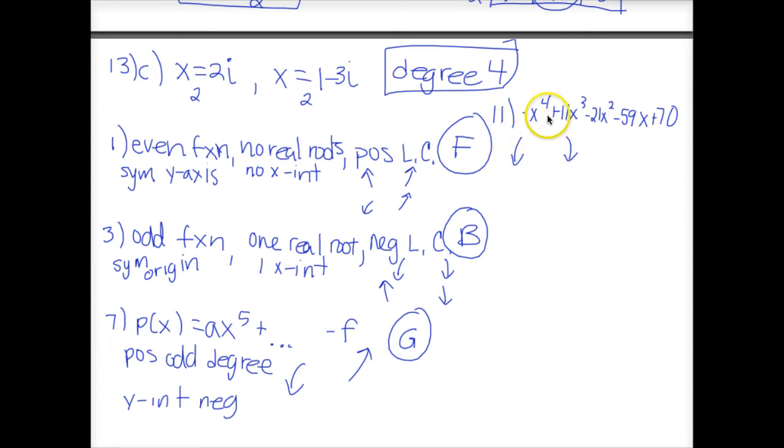It also tells me I have a maximum of 4 x-intercepts. It also tells me that I have a maximum of 3 relative extrema, because n minus 1, so 4 minus 1 is 3. It also tells me that 70 is my y-intercept, so 0, 70 has to be my y-intercept.